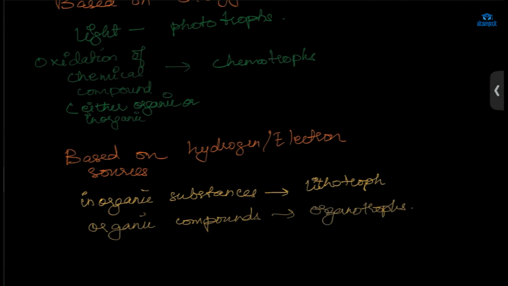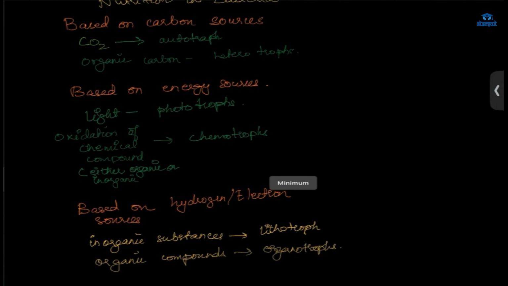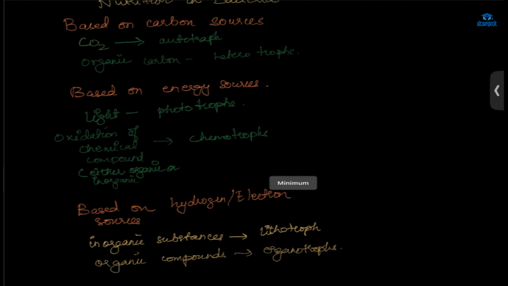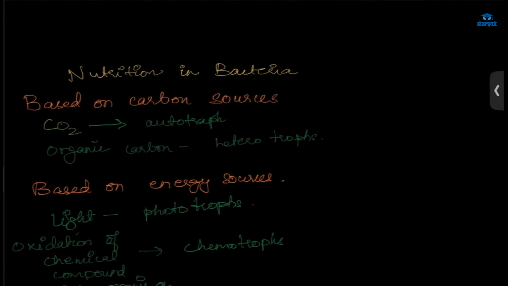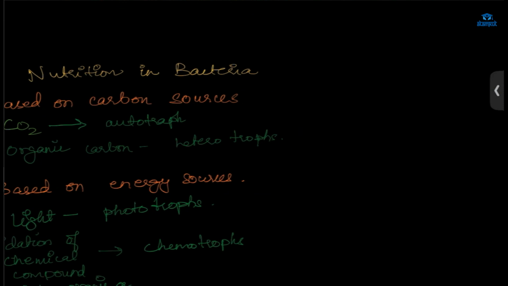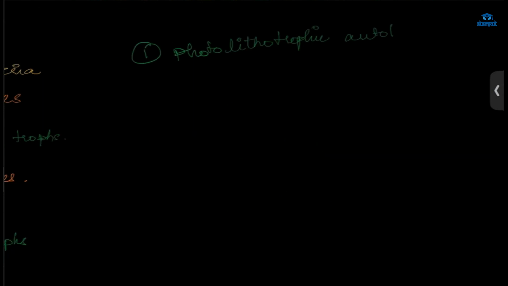Based on all these 3 things, the carbon source, from where the bacteria are getting carbon, the energy source, from where they are getting energy, and the hydrogen and electron source, we have 4 types of nutrition. First one: photolithotrophic autotrophy, or you can say photolithotrophy.